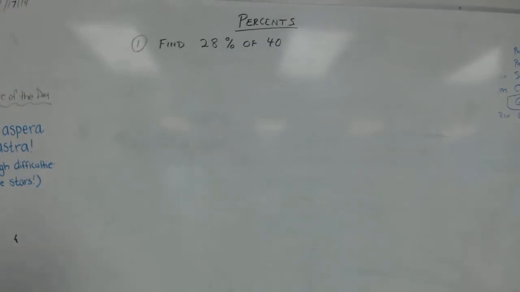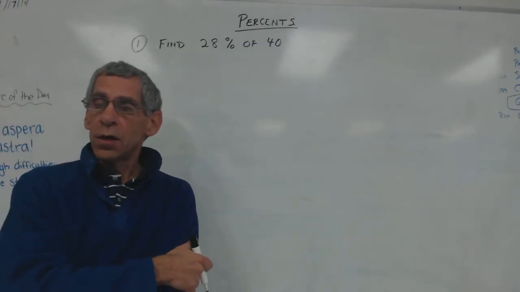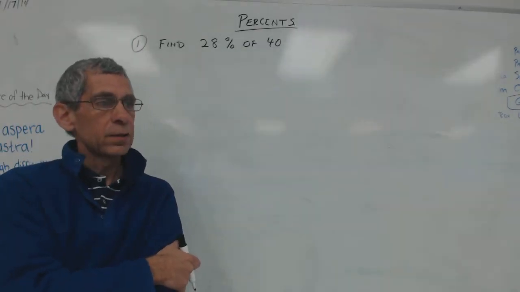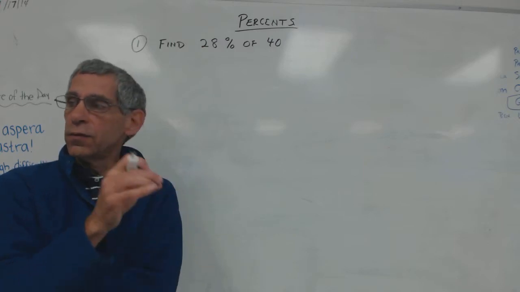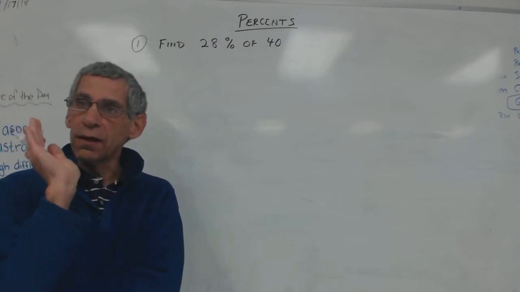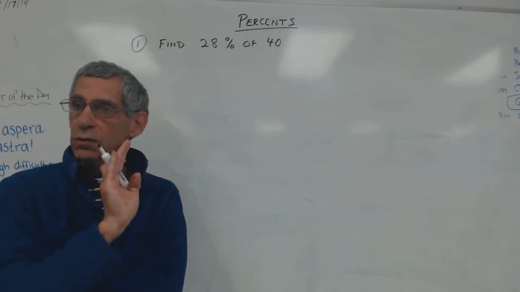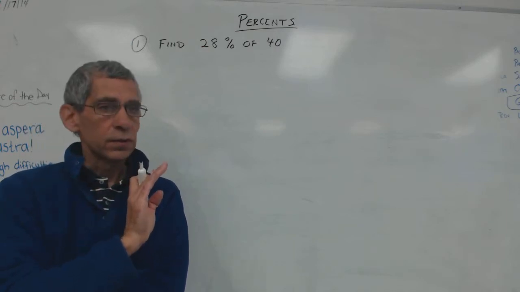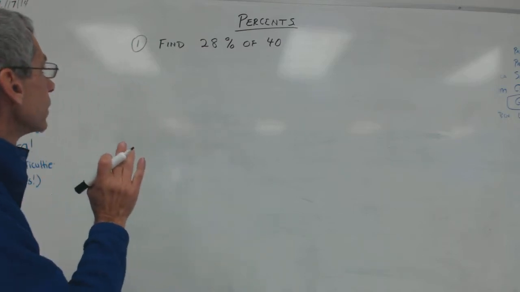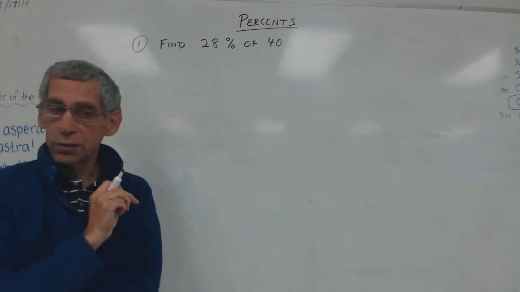Okay? Find 28% of 40. You do exactly what it says. If you write down exactly from left to right, if you transfer it from sentence to formula, it always works with percents. Always, always, always. And that's true in all of the ones that we're going to do today.